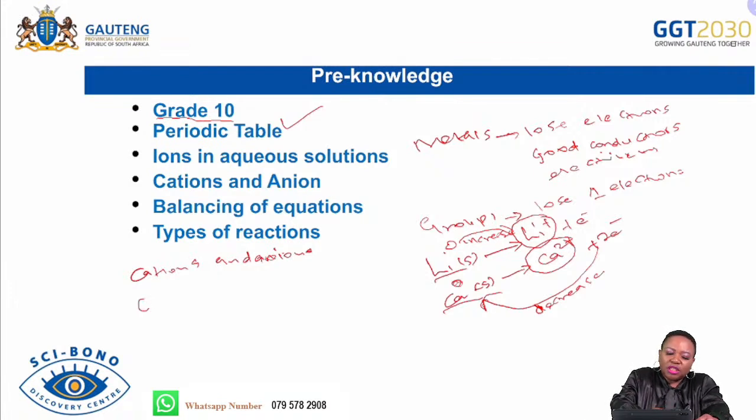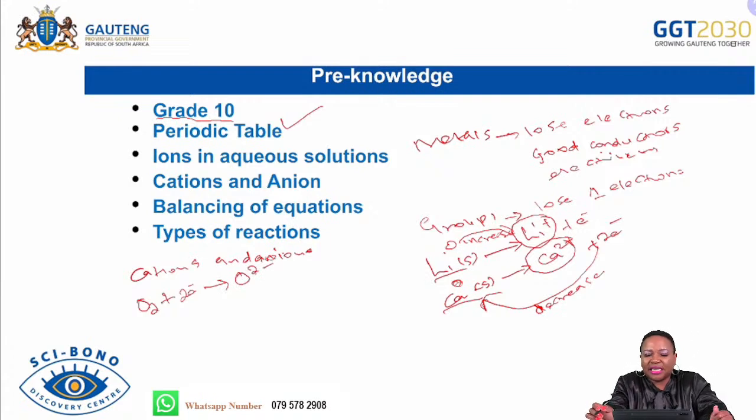When you look at oxygen, oxygen is one of the nonmetals. So what does it do? It gains electrons. Immediately when it gains electrons, it forms a negative ion, an oxide ion. Even chlorine can do this. I think we understand now why I write oxygen as O2 and chlorine as Cl2, because they form part of the 7 diatomic elements, which exist as diatomic in nature.